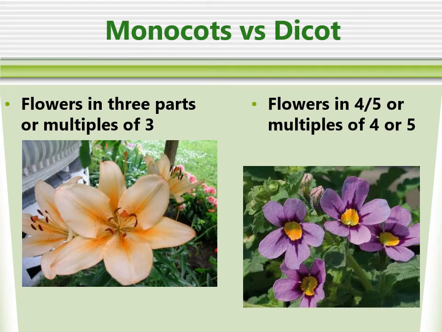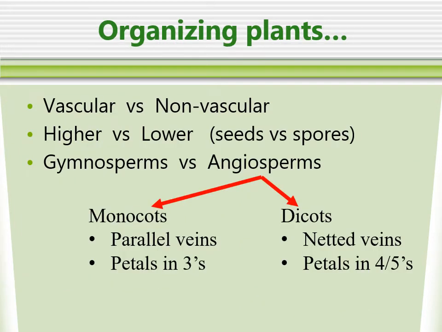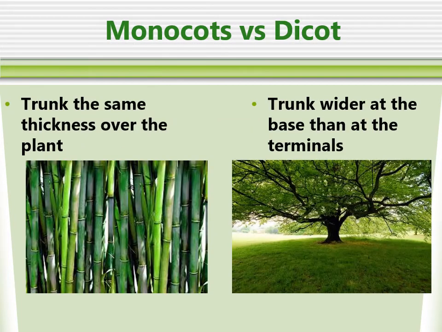Looking at the flowers, in monocots the petals come in threes, and in dicots the petals come in fours or fives. So it's not exactly as simple as just fours or fives. Parallel veins and petals in three means it's a monocot. Netted veins and petals in fours or fives means dicot.